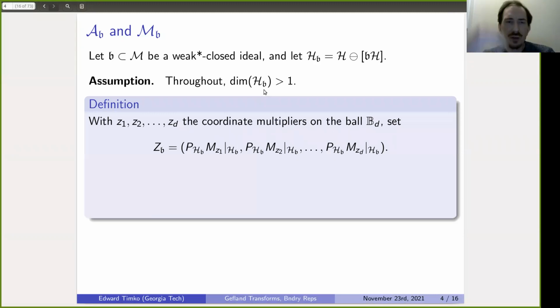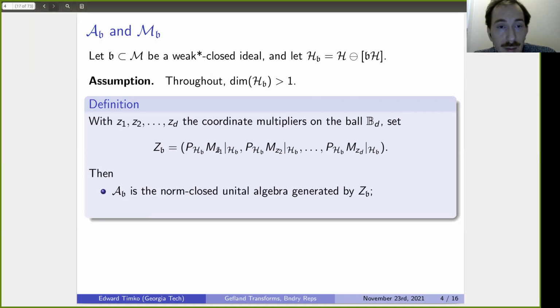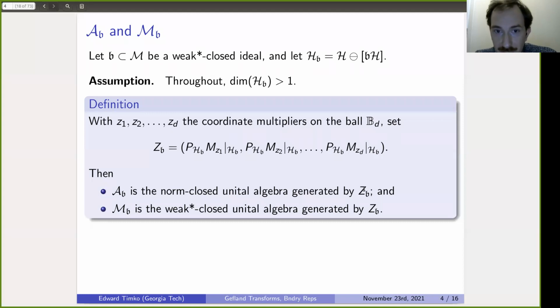So let z_1 through z_d denote the coordinate multipliers on the open unit ball in C^d, denoted B_d. And I'm going to let Z_B denote the d-tuple of operators on H_B that you get by taking the coordinate multiplication operators and then just compressing them down to this co-invariant subspace H_B. Then A_B is the norm closed unital algebra generated by this d-tuple, and M_B is the weak star closed unital algebra generated by Z_B.